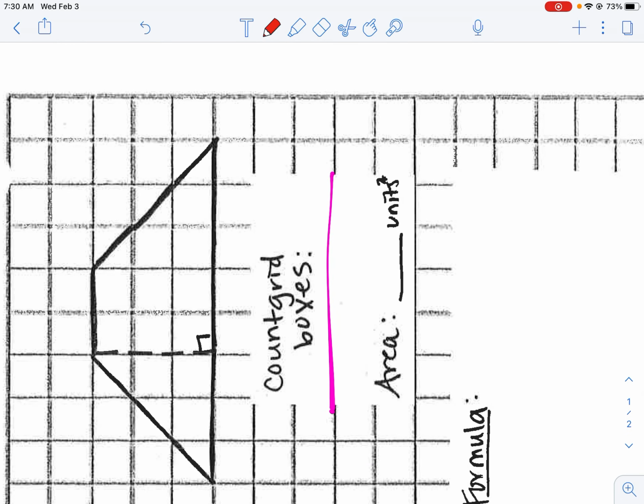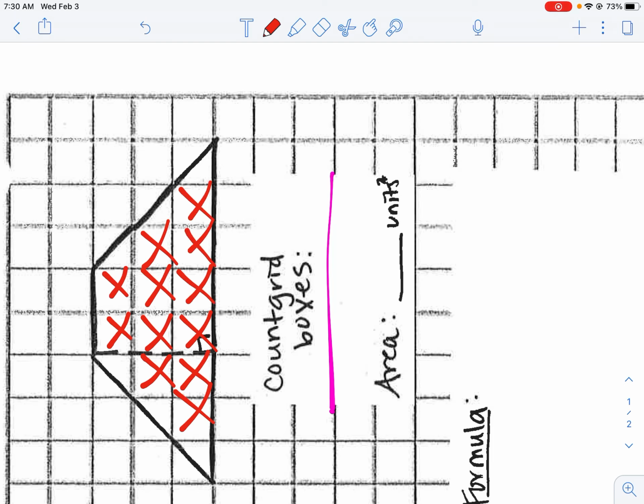So first, let's count the squares. So we're going to count the whole squares first. So I've got 1, 2, 3, 4, 5, 6, 7, 8, 9, 10, 11, 12. Now we have to count the half squares. So that was 12.